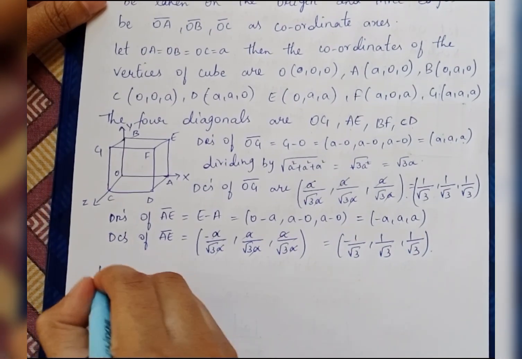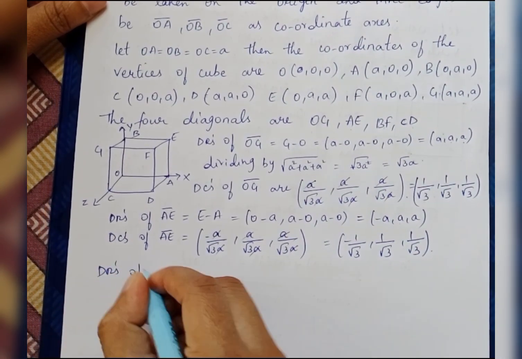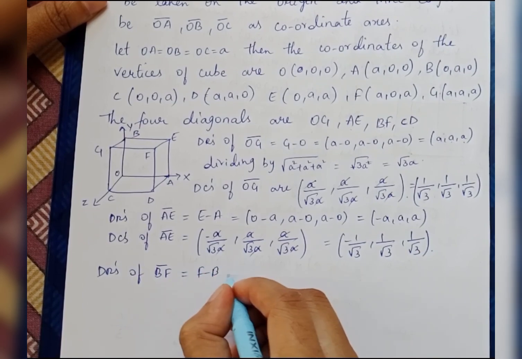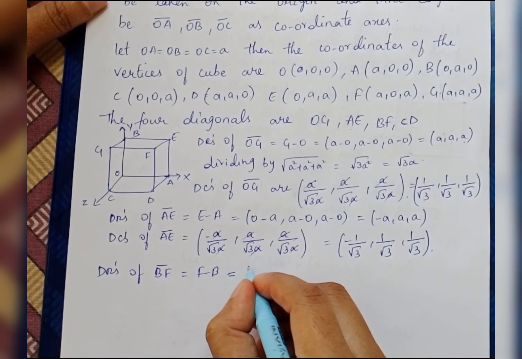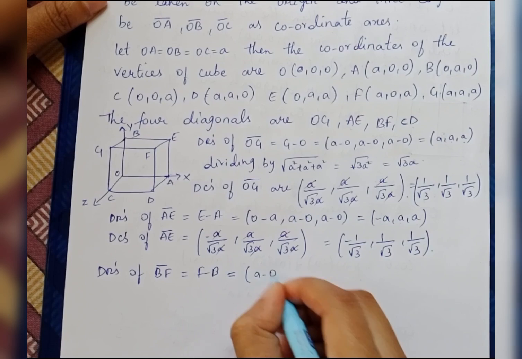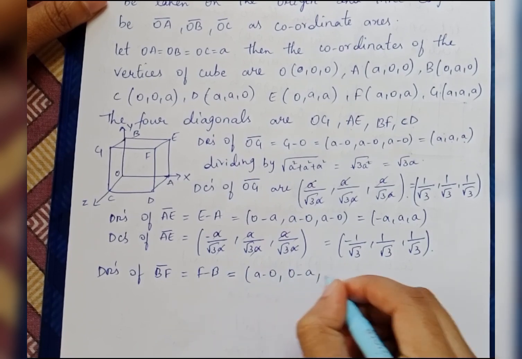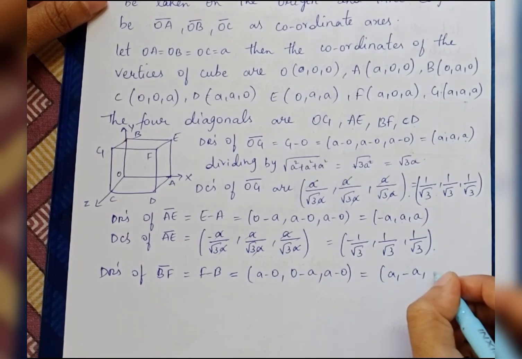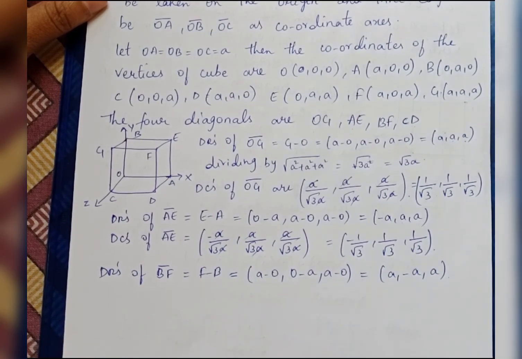Now DRs of BF bar is equal to F minus B. So it will be a minus 0, 0 minus a, a minus 0. So this will be equal to a, minus a, a.